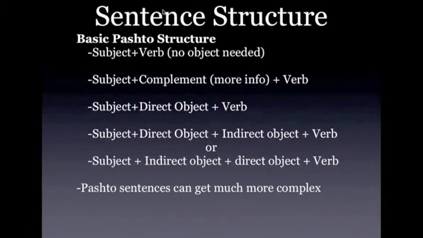You can have a subject plus a direct object plus a verb. A subject plus a direct object plus an indirect object plus a verb, or vice versa, flipping the direct and indirect object. So subject, indirect object, direct object, and verb. Like English, Pashto sentences can get much more complex, but for right now, the main thing you need to remember is the verb ends the sentence in Pashto. It comes last.